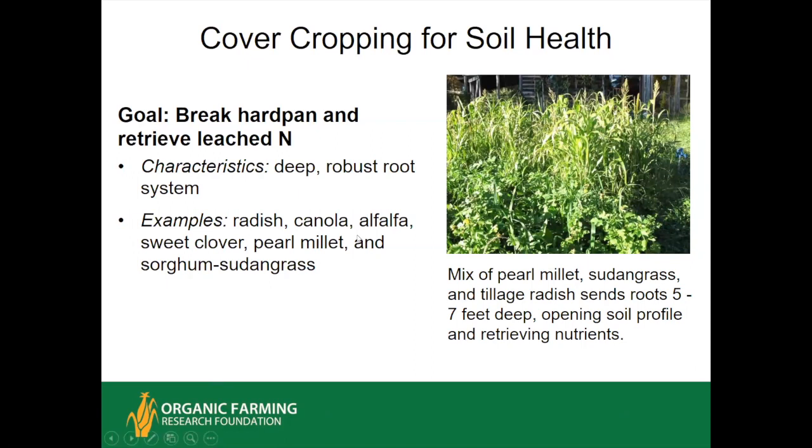Other examples are canola, alfalfa, sweet clover, and sorghum Sudan grass. And the caveat, again, when you've got these deep roots, is you do have to pay attention to soil moisture utilization, and we will look at that later in a little bit more depth.